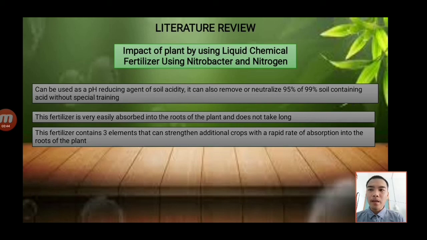This fertilizer is very easily absorbed into the roots of the plant and does not take long. And the last, this fertilizer contains 3 elements that can strengthen additional crops with a rapid rate of absorption into the root of the plant.